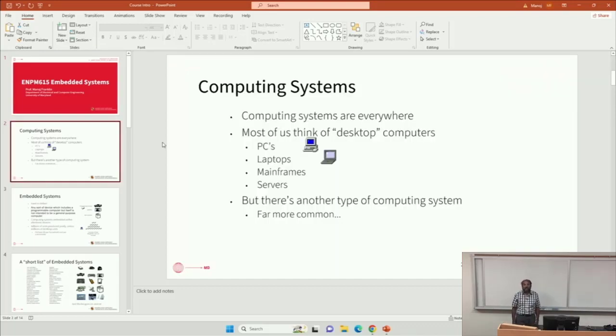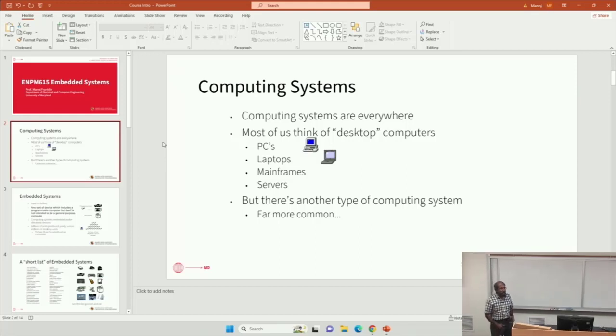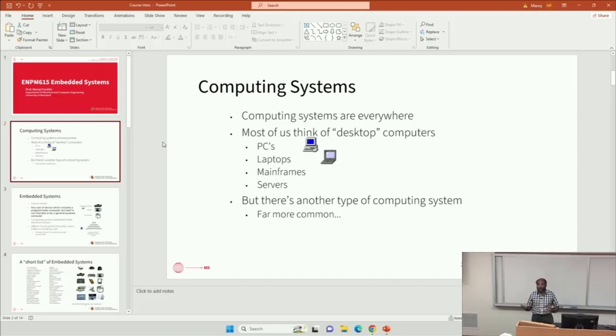In the past, in your computer engineering education, the computing systems that you would have seen more often would be laptops, desktops, that kind of systems. But there is another type of computer that is far more common than these general purpose systems.